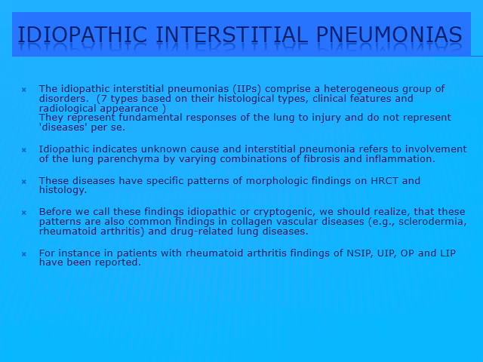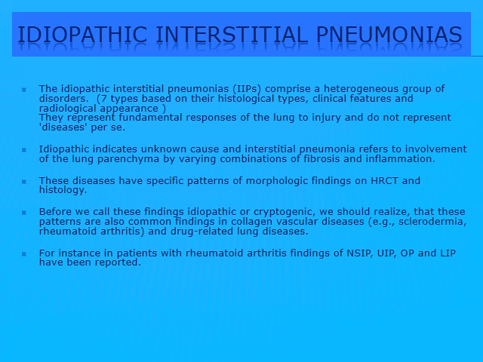The idiopathic interstitial pneumonias comprise a heterogeneous group of disorders, at least 7 to 8 subtypes. They have certain histological types, clinical features, and radiological appearance. All of them represent fundamental responses of the lung to injury and don't represent disease per se.